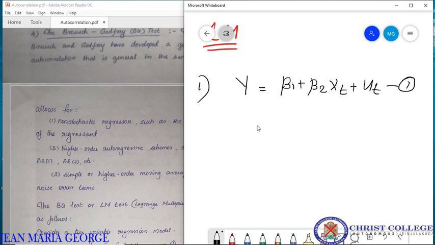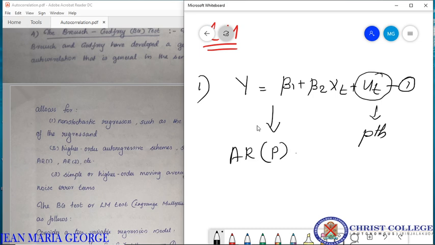Now we have to assume that this error term follows a pth order autoregressive scheme, not just first order or second order. Any order autoregressive is possible, as we have already said. So this equation is an autoregressive p scheme.